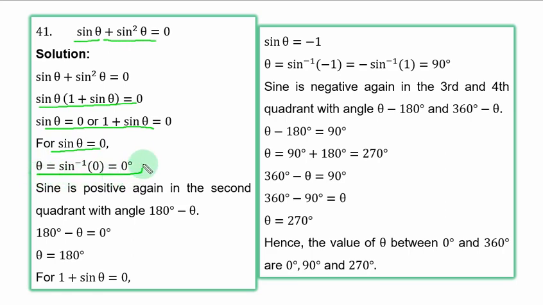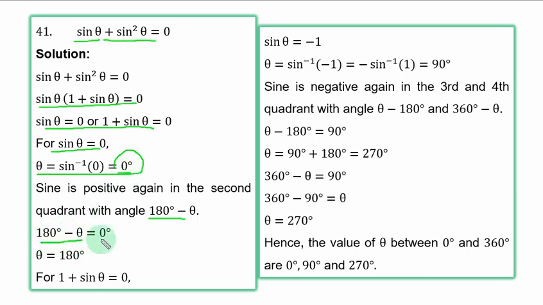Taking sin theta equal to 0, to get theta from here, you take the inverse of both sides. Theta becomes 0 degree. You check the quadrant where sine is positive again, and that is the second quadrant with this formula. So you equate this to the 0 that you have earlier for you to get the other value of theta.